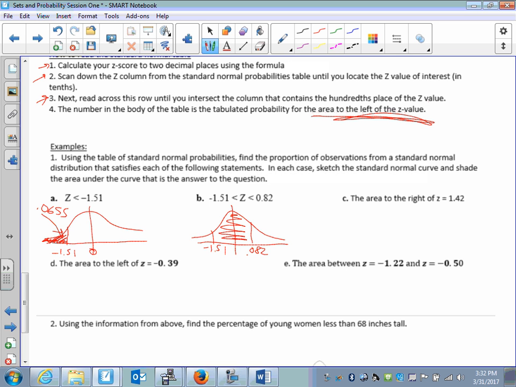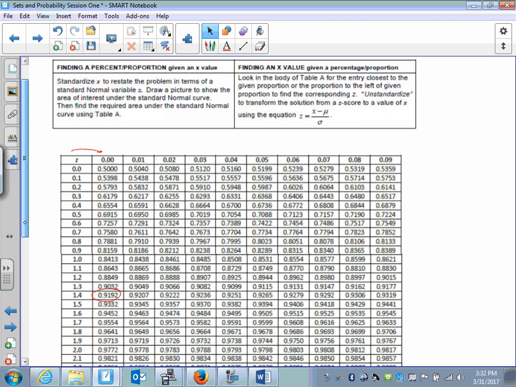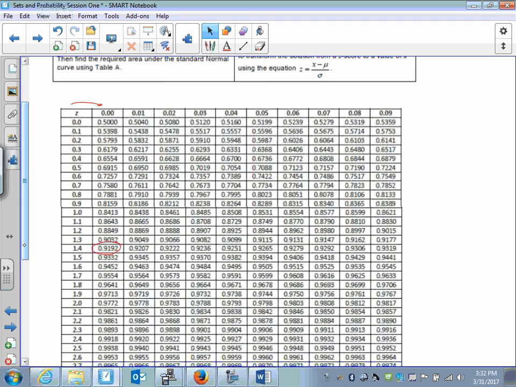Now, we already know that this area is 0.0655 right here. Now, 0.82 is here, 0.7939.